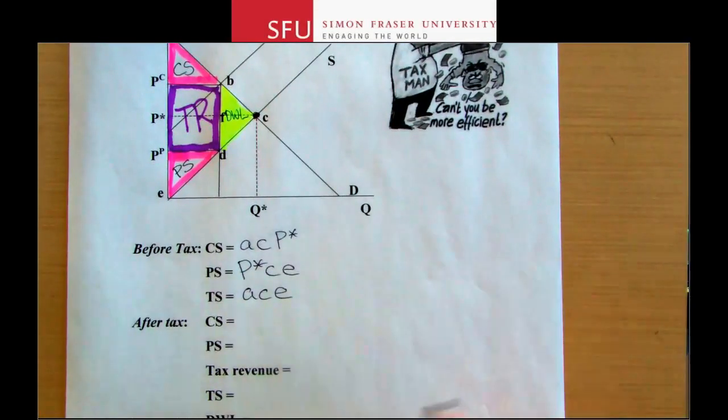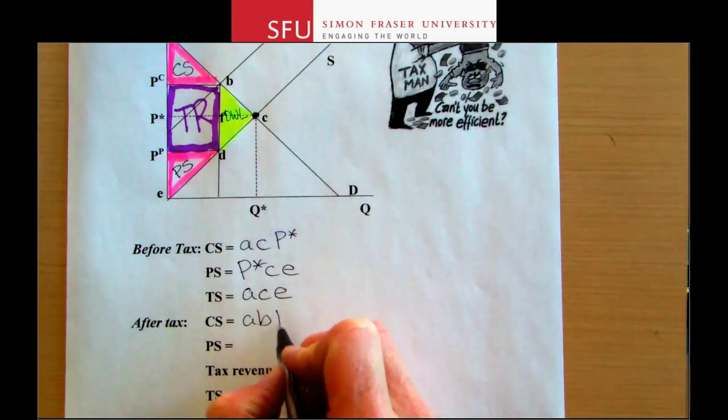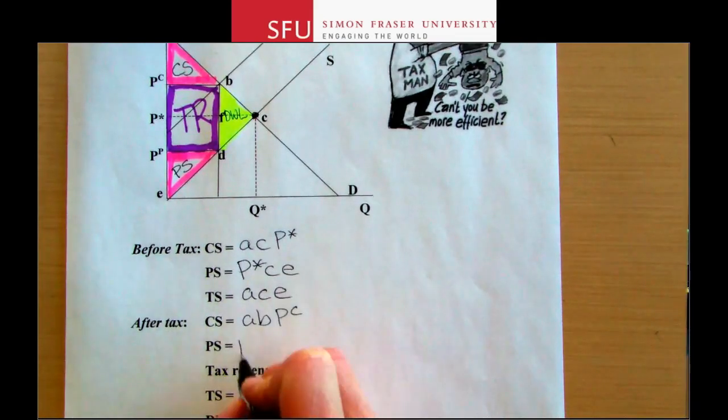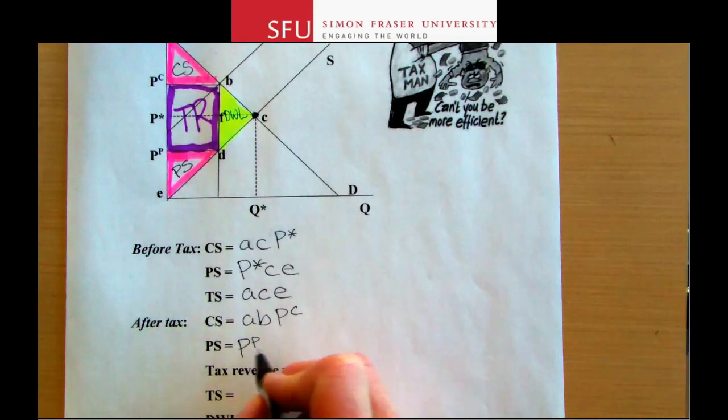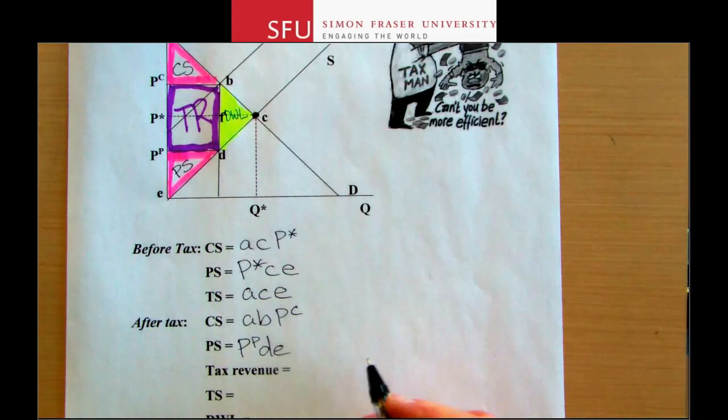Okay, so consumer surplus, A, B, PC. Producer surplus, they get paid the price PP, so that price over to D and E. Tax revenues, the rectangle.